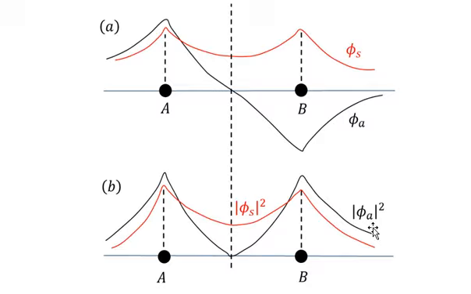But you know that the magnitude in the center for the phi S absolute square is greater than the value of the phi A absolute square in the center when you compare the centers of both these functions.